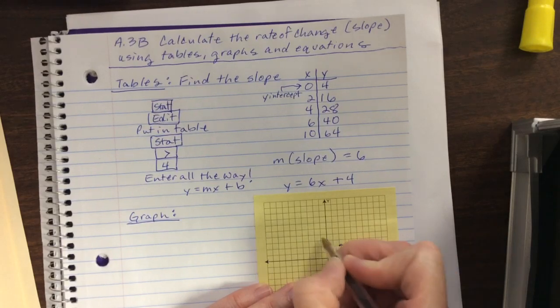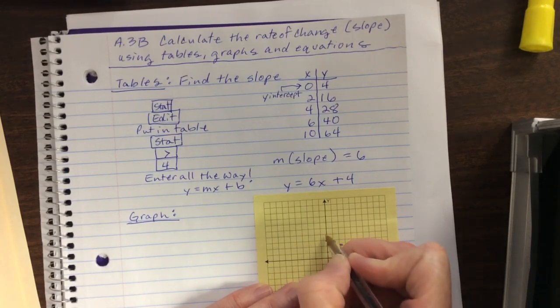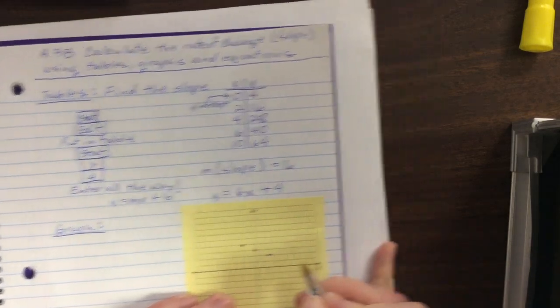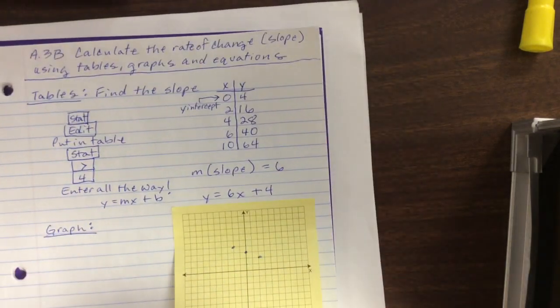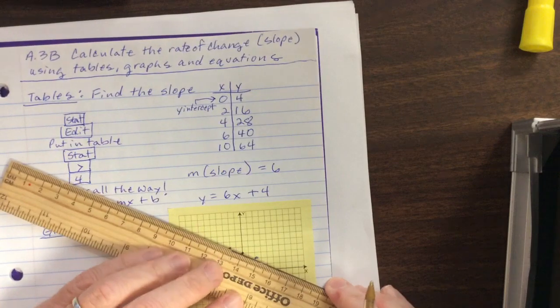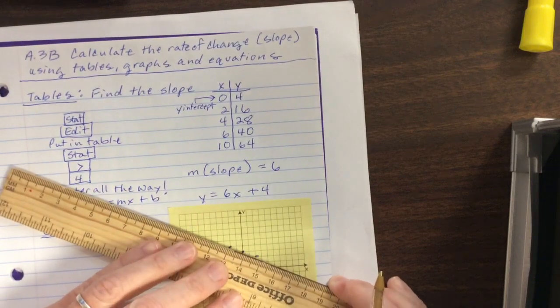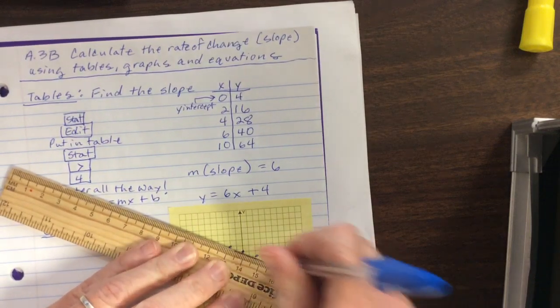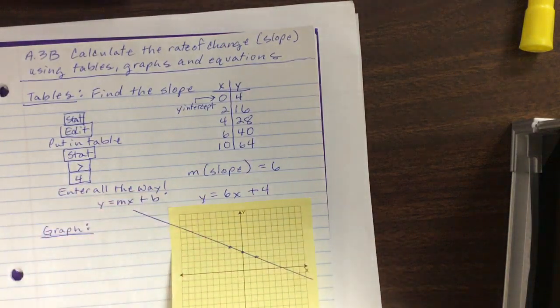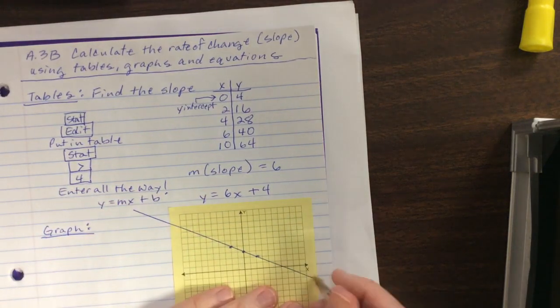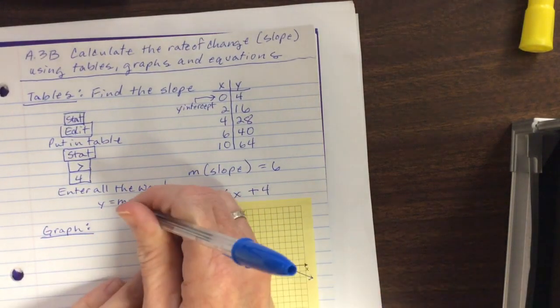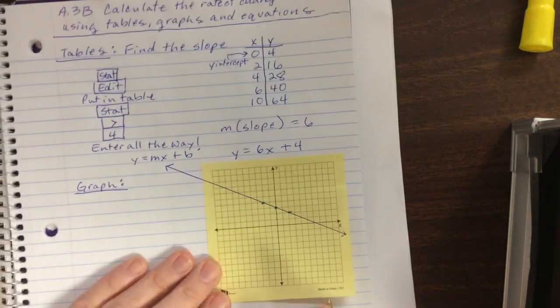I'll put these points on here so I can draw a straight line. And there is our line we need to draw so we get the correct slope. Okay, good enough. Kind of long, oh well.